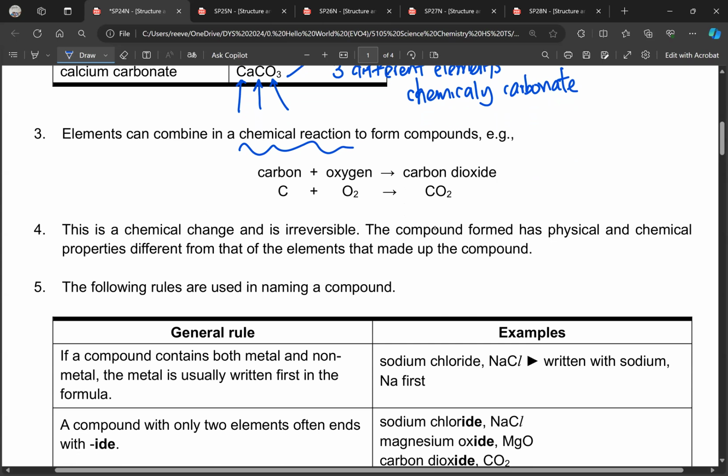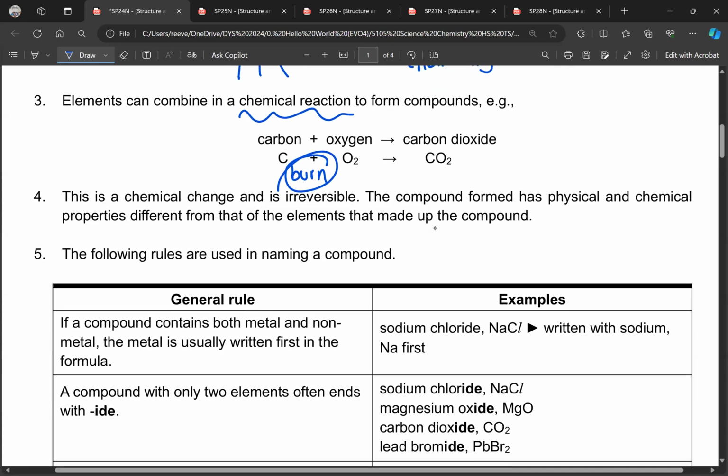You need a lot of energy to react. Like carbon and oxygen, if you put a piece of carbon in the air, the carbon will not turn to carbon dioxide. But if you take the carbon and you burn it until very high temperature with oxygen, then of course the carbon will turn into carbon dioxide. So you need a lot of heat for this chemical reaction to happen.